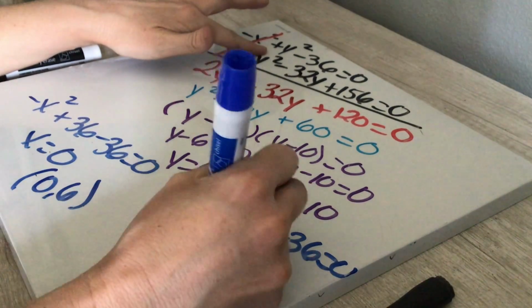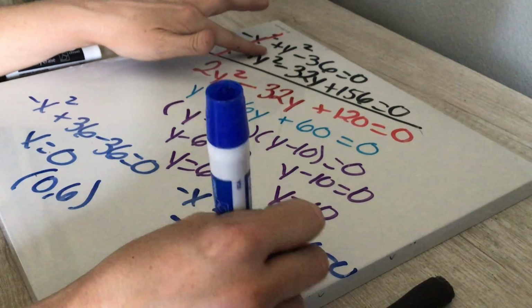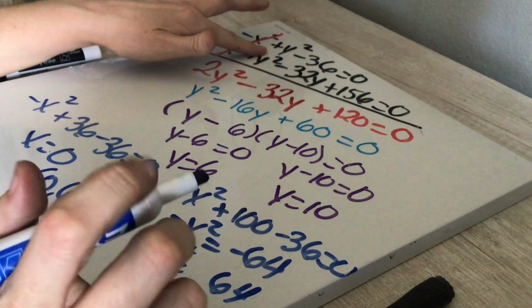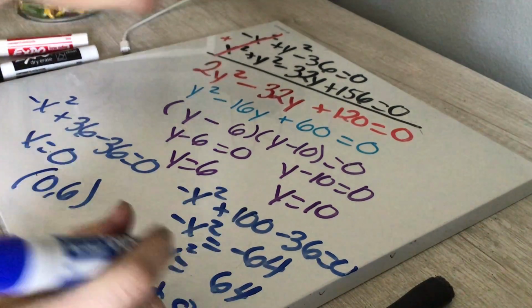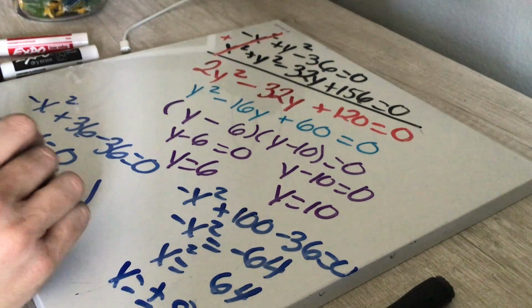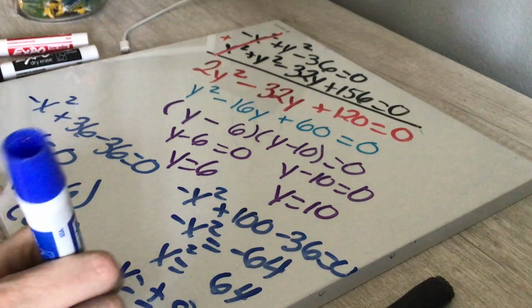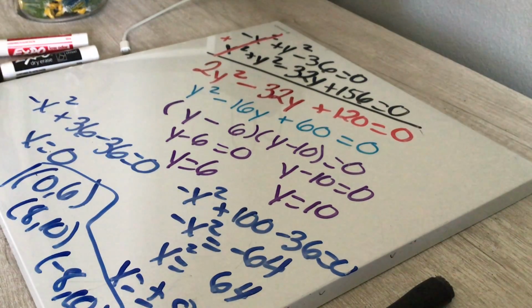So negative x squared equals negative 64. So x squared equals 64. And then x equals plus or minus 8. So that gives us two other points. So we get 8, 10, and negative 8, 10. So 3 points of intersection on that one.